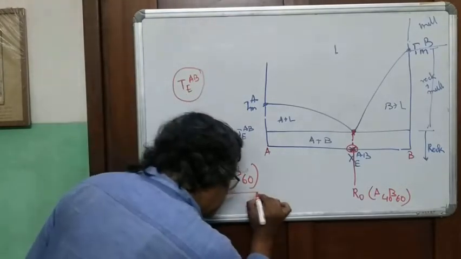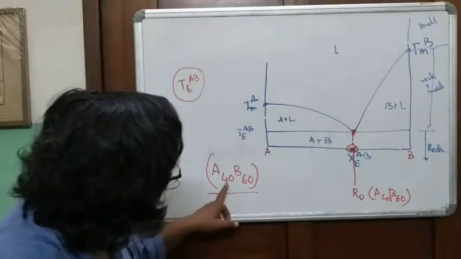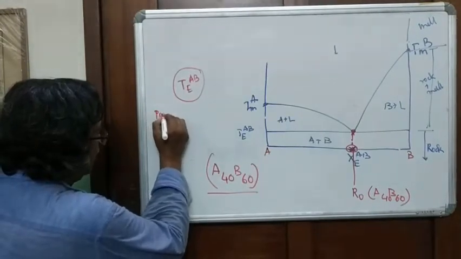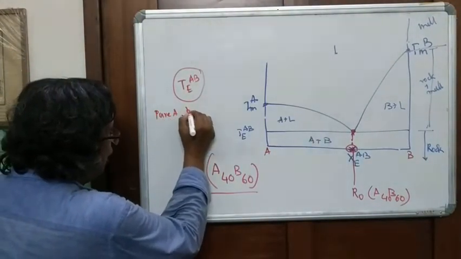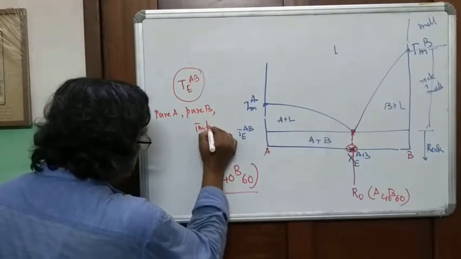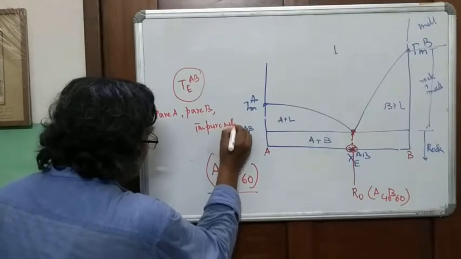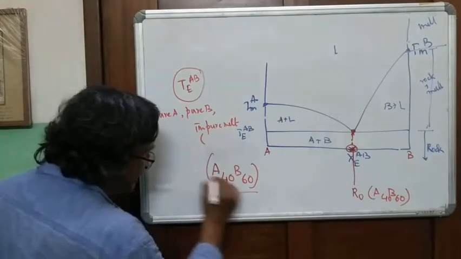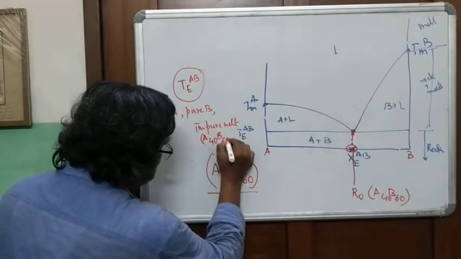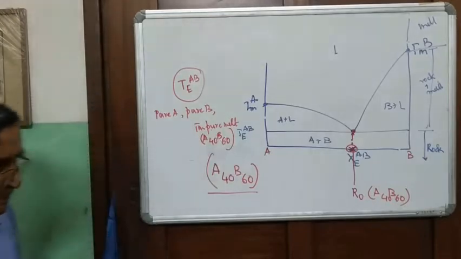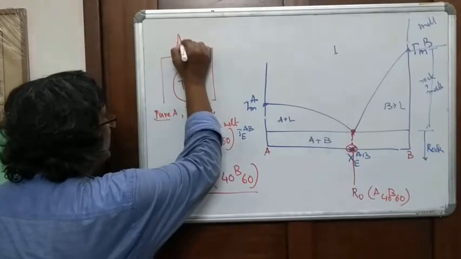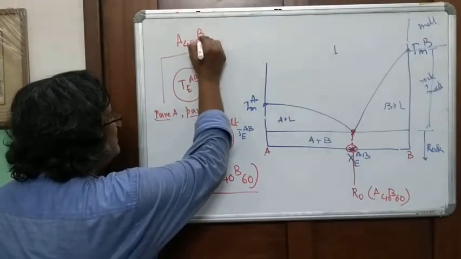The melt will also have the composition A40, B60. So you will have pure A, pure B, impure melt. The impure melt will have the composition A40, B60, and pure A and pure B will be in the proportion A40 and B60.